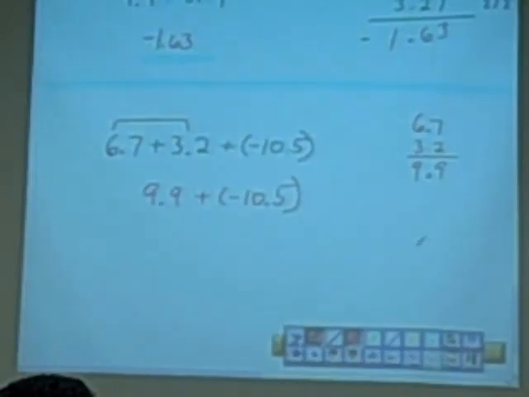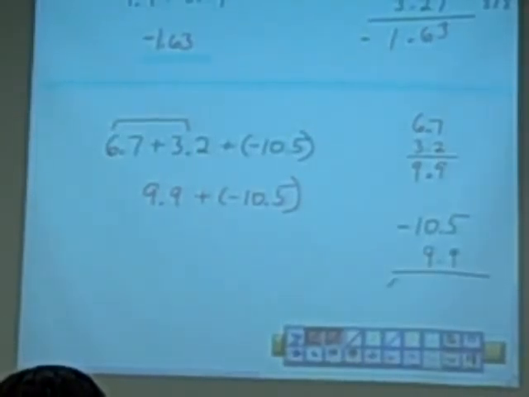So now what are we doing? Adding or subtracting? Subtracting. So you want to ask yourself that question, because now we want to subtract. We got negative 10.5 and a positive 9.9. So our answer is going to be positive or negative? It's going to be negative, right?